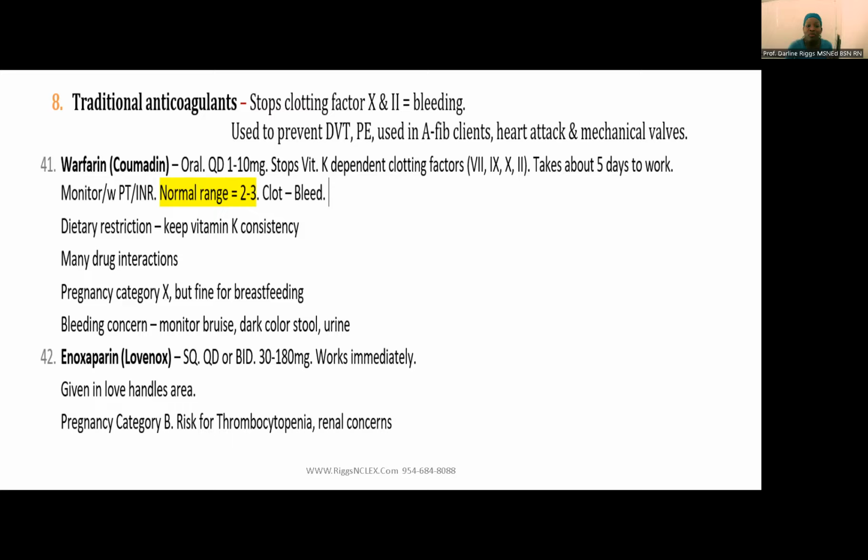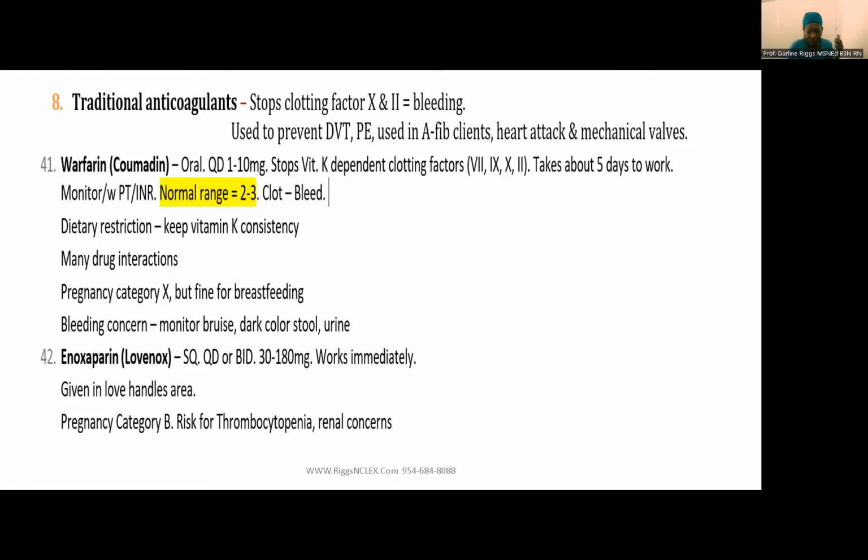So we've already spoken about these, but I can't help it. So we're going to just recap. Okay, recap is good, but we've already covered Coumadin, warfarin. We've covered enoxaparin. So this is a recap, okay? So they're anticoagulants, okay? They're going to stop clotting, but now let's talk about how they do that, okay? They affect factor 10 and 2, okay?